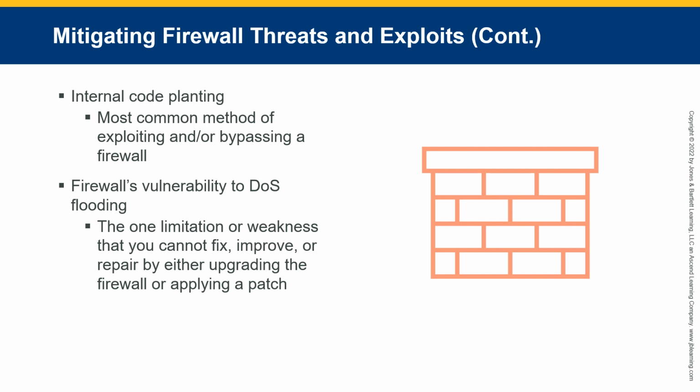There's also internal code planting, and this is a method for exploiting or bypassing a firewall. So that can be done as a method for that. And then you have firewall vulnerability to DoS flooding. And the one limitation or weakness you cannot fix or improve is how much traffic is hitting your firewall.